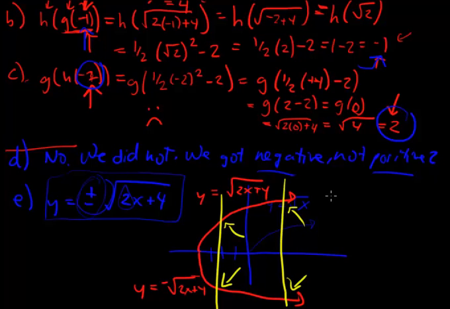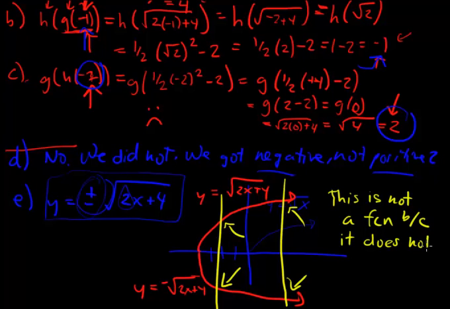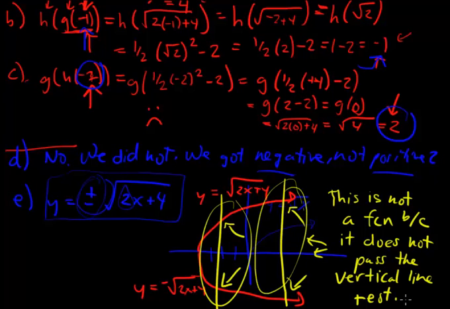So we can say this is not a function, because it does not pass the vertical line test. And we showed arrows there and there as some examples of where it does not pass, so this makes sense. Okay, so this concludes CPM Precalculus Chapter 1, number 38.